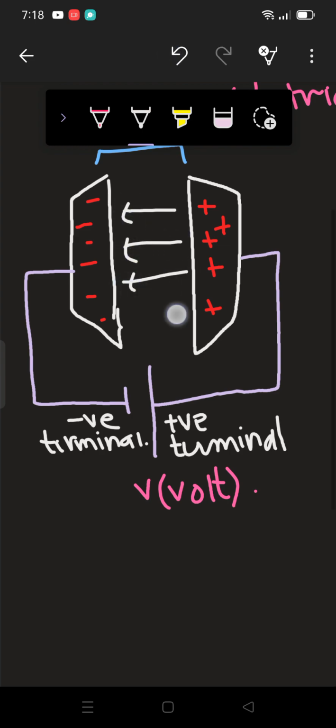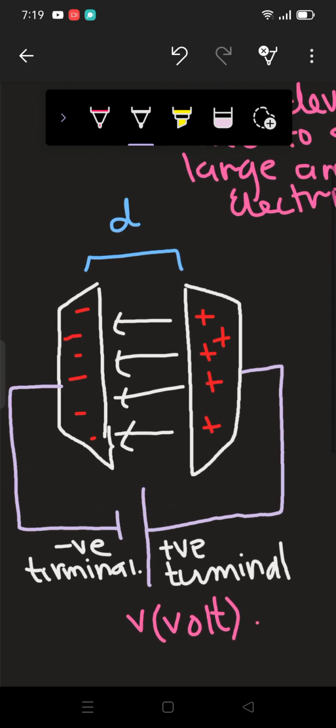The more potential difference we provide, the more charges it will store on it, because a capacitor is a device which stores electric charges. This is the positive plate of the capacitor, and this is the negative plate of the capacitor.